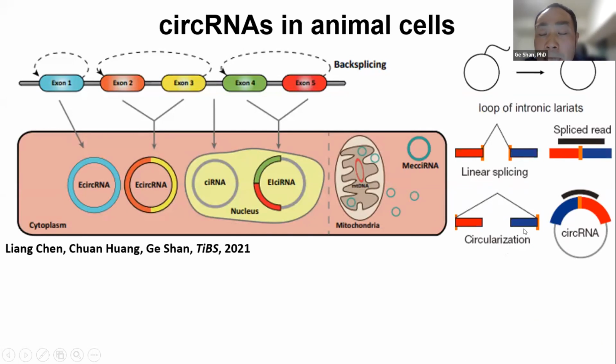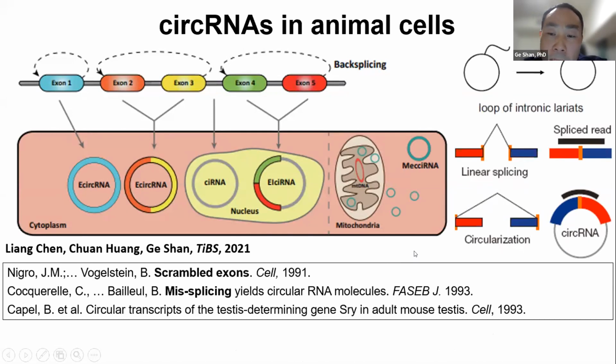But in back splicing, it will generate a circular RNA. And this kind of circular RNA was noticed by a number of studies during decades.